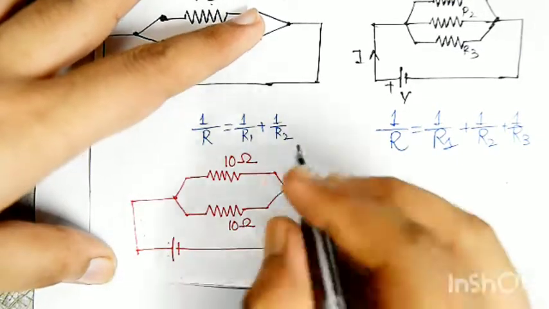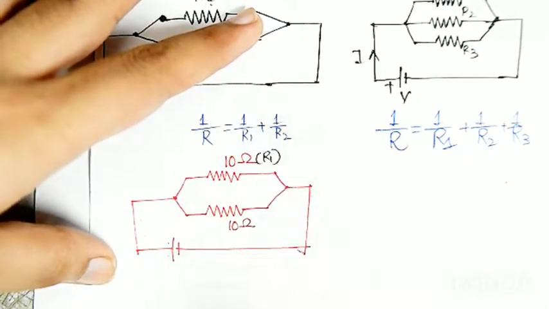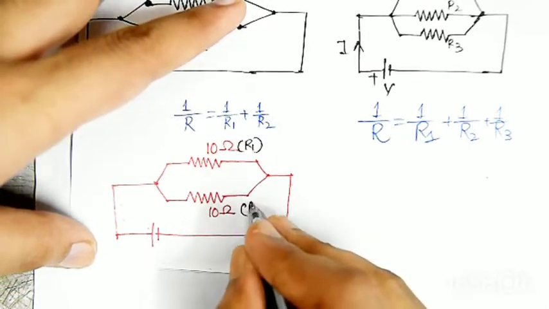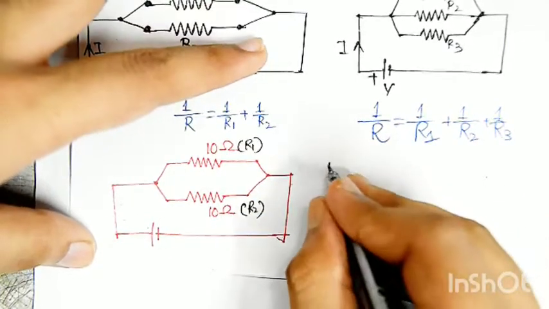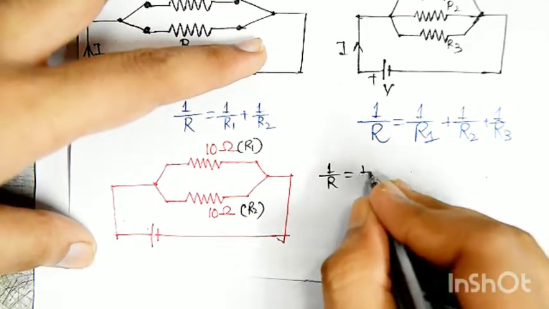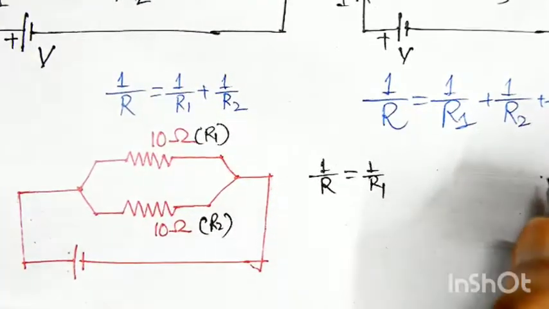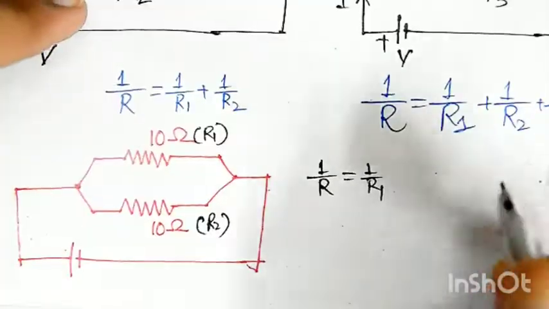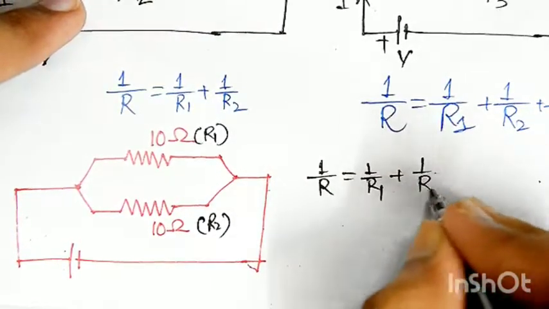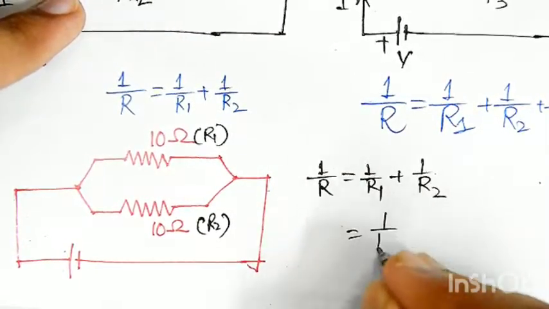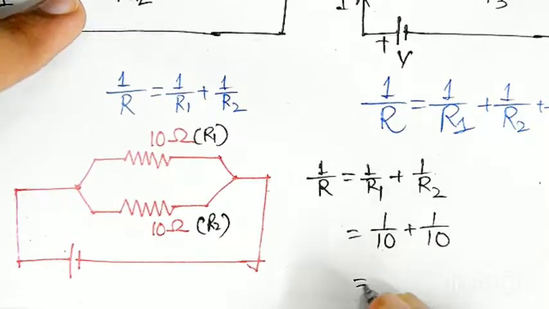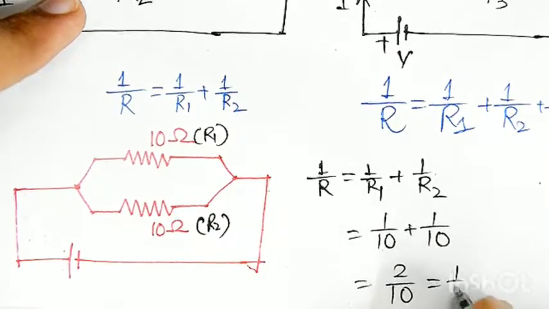So you have this one as R1 and the next one as R2. Simply put in the formula: 1 by R equals 1 by R1 plus 1 by R2. That is 1 by 10 plus 1 by 10, that is 2 by 10 equals 1 by 5.